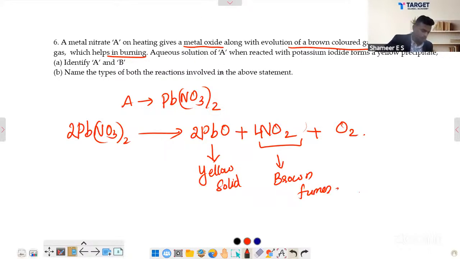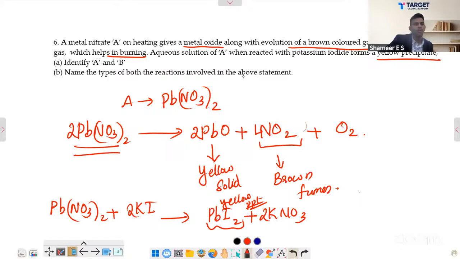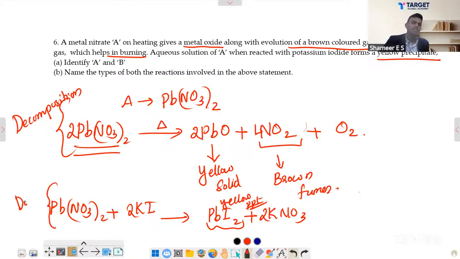And the aqueous solution of A, lead nitrate, reacts with potassium iodide, and you will get PbI2 plus KNO3. This is the yellow precipitate. Name the type of both reactions involved. The first is a decomposition reaction. We can specify it as thermal decomposition. This one is a double displacement reaction.